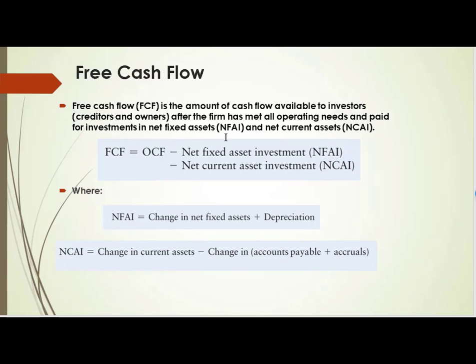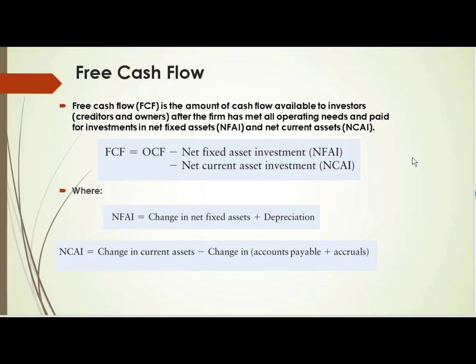So we've bought all the plant and equipment that we want. There's nothing else that we want to buy. We've adjusted our working capital, our current assets and current liabilities. So from running the company, buying the assets that we want to buy, and managing the cash flow of the company, right? The current assets. This is money that's left over.